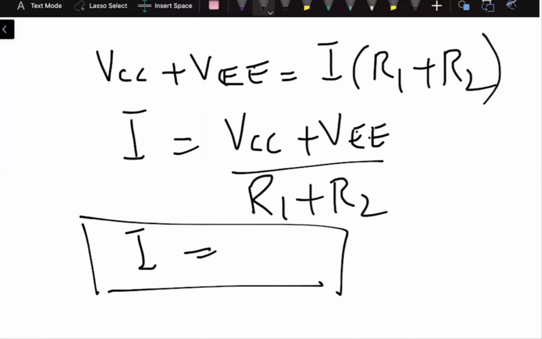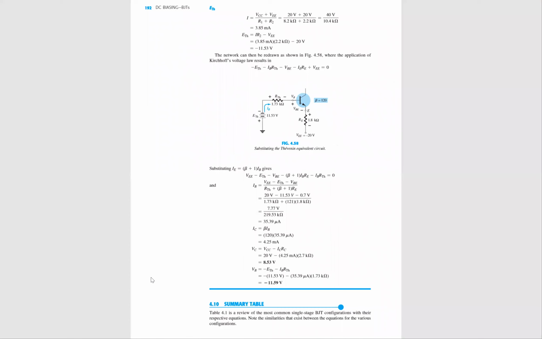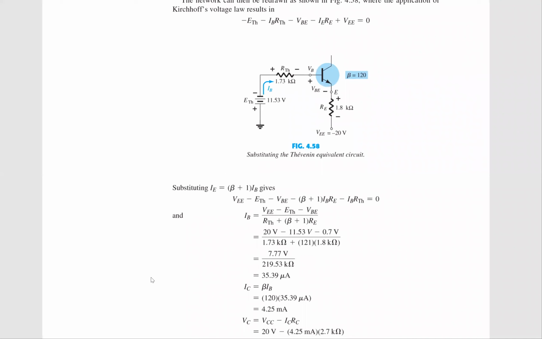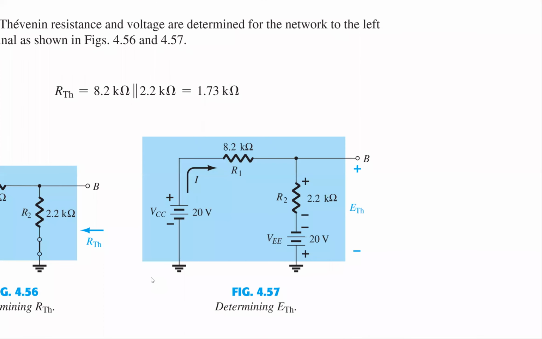Once we have done this, we can figure out the value of ETH. The value of ETH will be the drop in R2 plus the voltage VEE, depending on the direction of VEE.